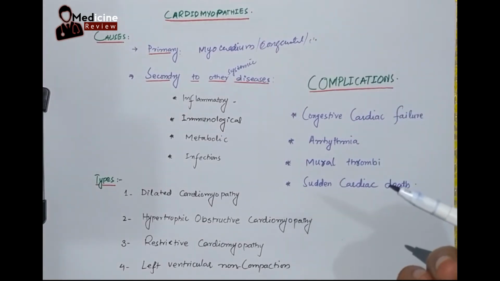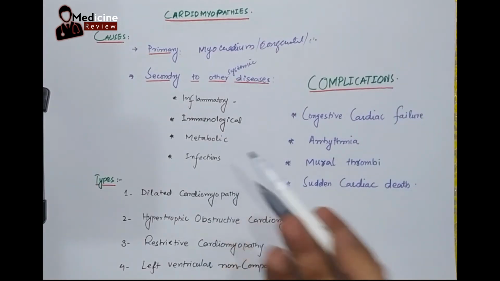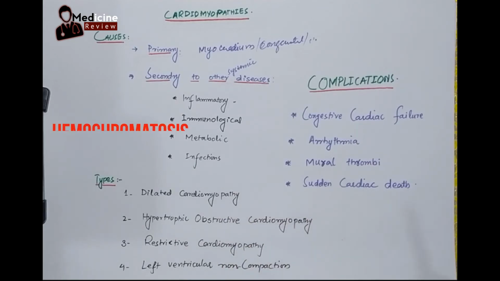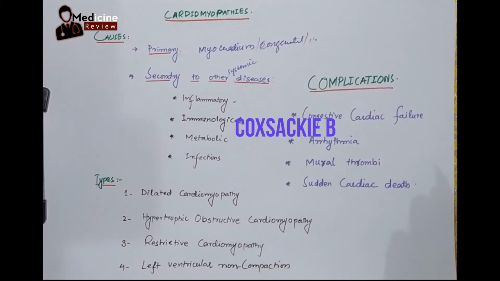The heart is one of them. Metabolic disease like hemochromatosis. In hemochromatosis, the iron gets overloaded in our body, so that overloaded iron gets into the myocardium and causes cardiomyopathy. Infection like Coxsackie B virus, a viral infection, and so many others, but these are the top ones, the important ones to remember.